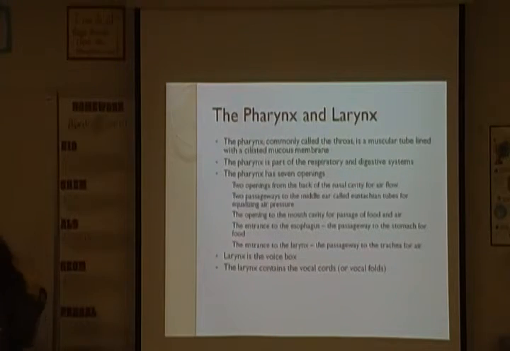They're folds of tissue, covered with mucus membrane, of course. Your whole digestive tract and respiratory system is lined with mucus membrane. They're different in every person, and the length of them determines the pitch.